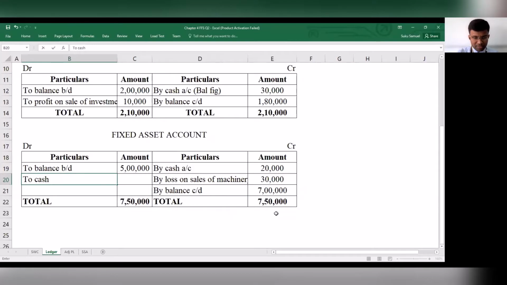You have bought some fixed assets, and that is 2,50,000. This we have to consider in your applications.